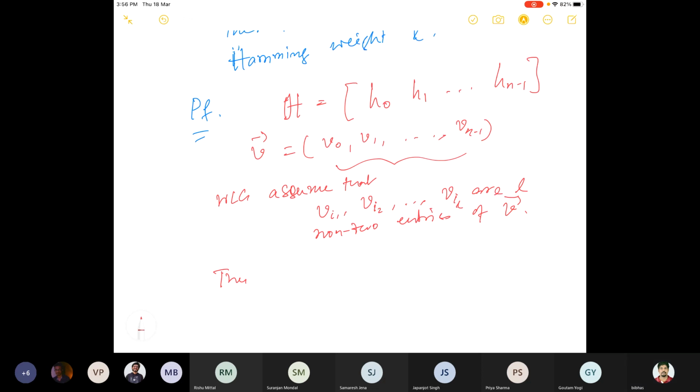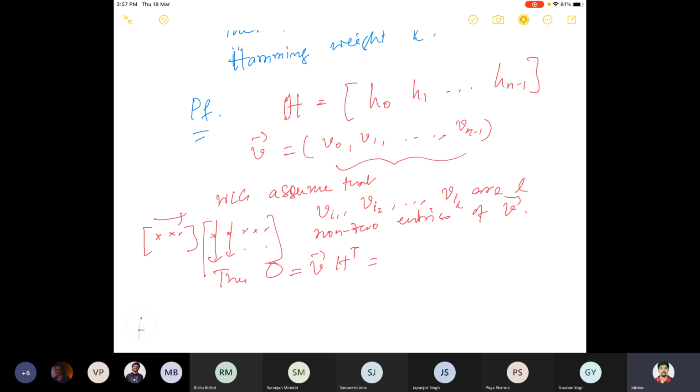Then V dot H transpose, which is equal to 0, is nothing but this: you multiply with all the columns of H, because V is a row vector. This will go with the first column, then this will go with the second column and so on. There are some positions where it is non-zero, and you will pick the corresponding element here.